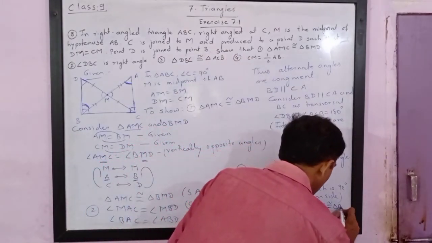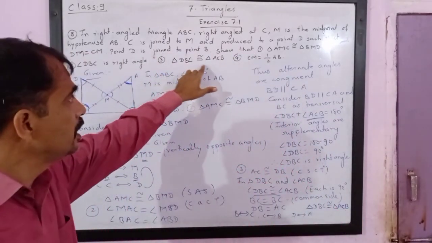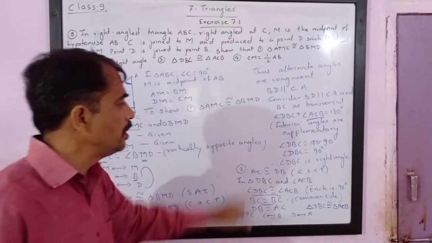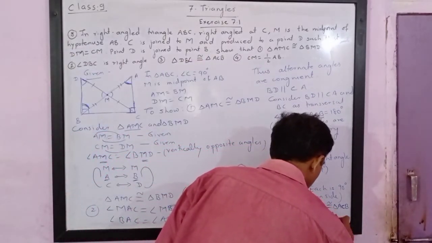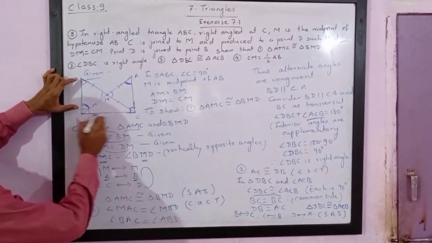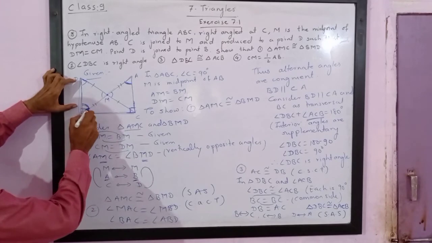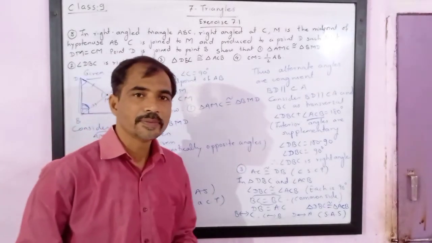Triangle ACB, the same was asked to prove. Triangle DBC congruent to triangle ACB, and the reason is SAS test. Two sides and included angle. Please note these two sides are congruent and the angle is included by the congruent sides.